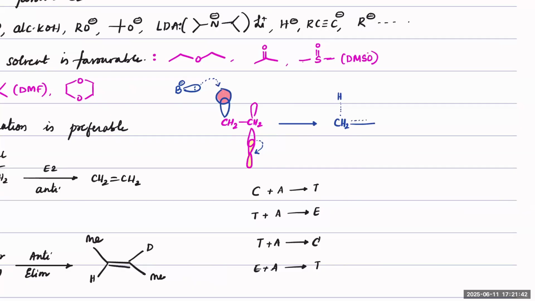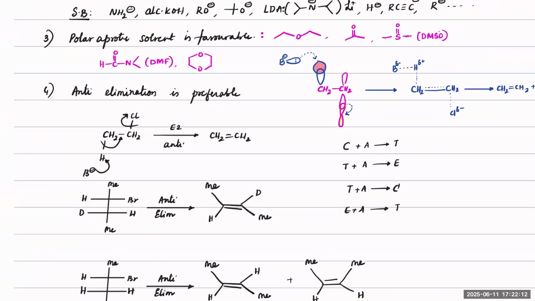You will see this double bond is forming simultaneously, and this chlorine is moving away as well. So this is going as minus, this is going as plus, and this has been pulled by a base which is having delta minus. Done. And after removal of that, we will get CH2 double bond CH2 plus Cl minus plus HB.